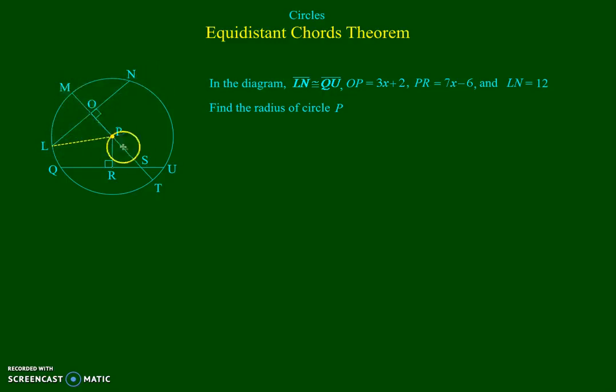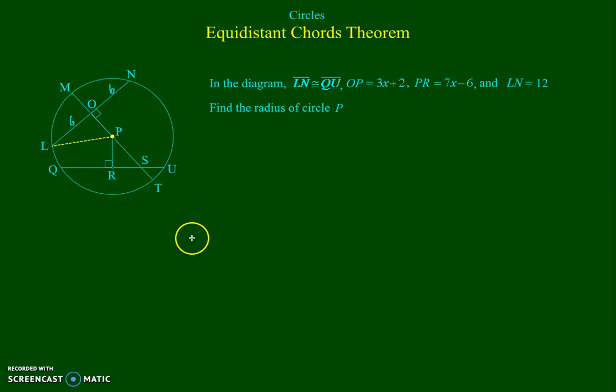Notice that MT is a diameter, and that diameter is perpendicular to LN. Based on the theorems we've just talked about, if a diameter is perpendicular to a chord, that diameter is the perpendicular bisector of the chord. So this piece is 6, and this piece is 6.